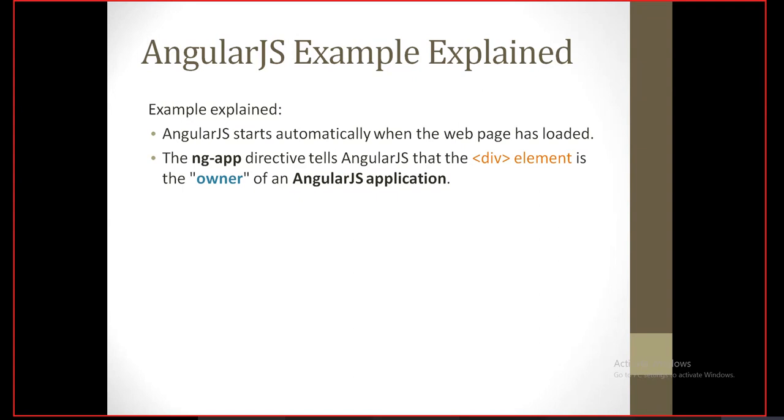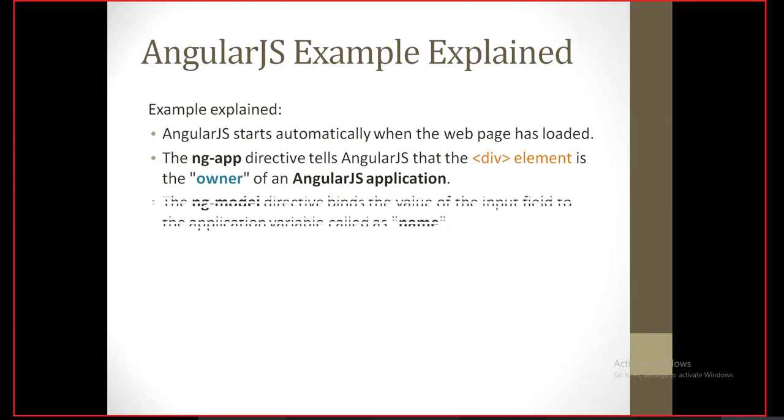Whenever we load the web page, AngularJS will start automatically, and the ng-app directive that we have used tells AngularJS that the div is the element which will be the owner of our AngularJS application, because we have created the ng-app directive for the div tag. Next, the ng-model directive will bind the value of the input field to the application variable called name.